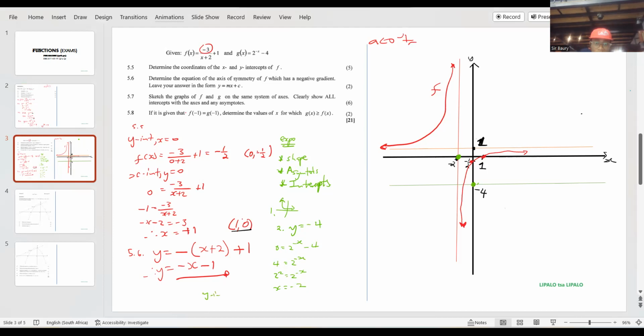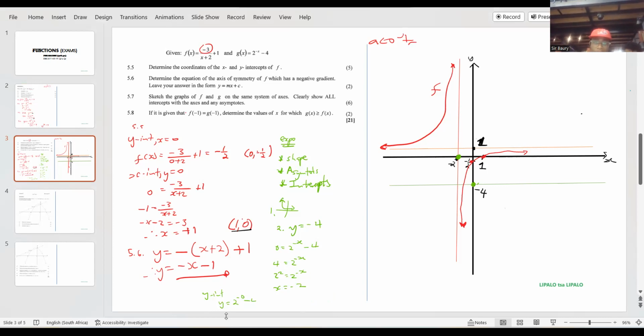Then looking at the y-intercept, x is 0. y is equal to 2 exponent -0 minus 4. This is not 0. Your excitement will get you saying that the answer here is -4. So you need to calm down when you get questions that are easy. Calm down, analyze, and work through.